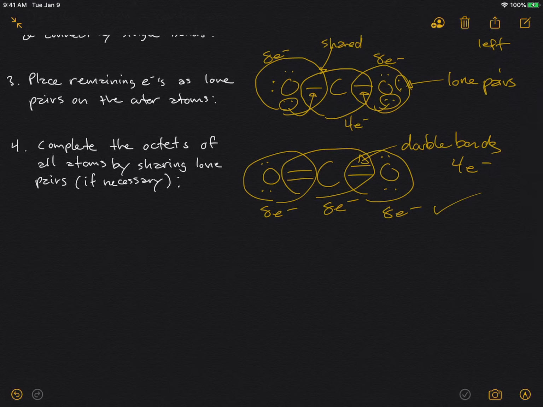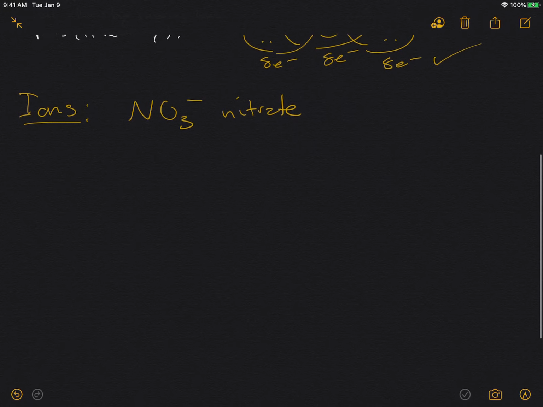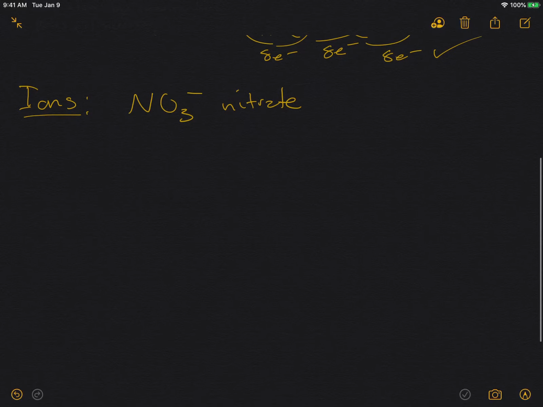Another example we'll take a look at is with ions. Sometimes you have covalently bonded molecules that are ions, and there might be an extra step involved with that. Let's take a look at the nitrate ion. The nitrate ion is a polyatomic ion, and the atoms are covalently bonded, but it happens to have an overall charge on the molecule.